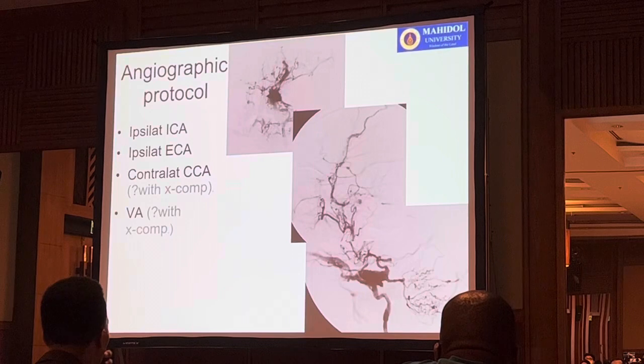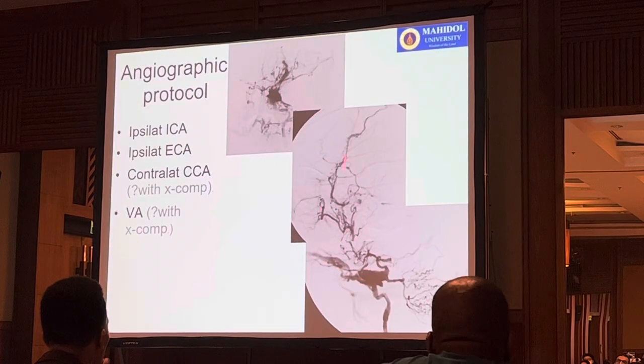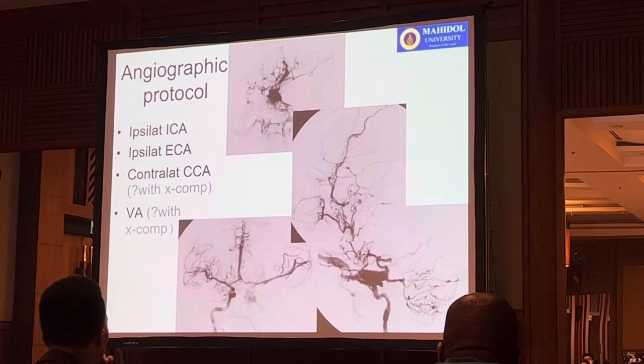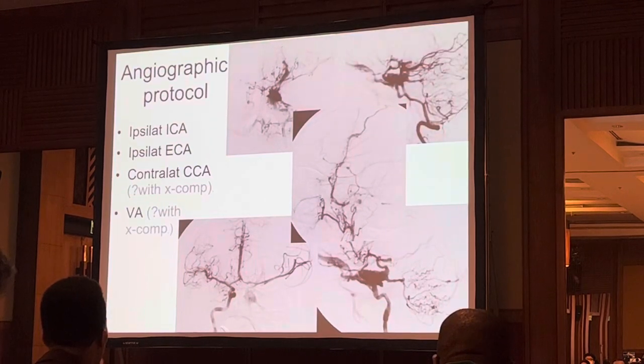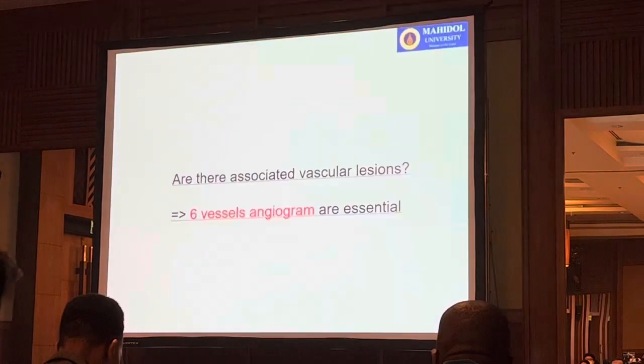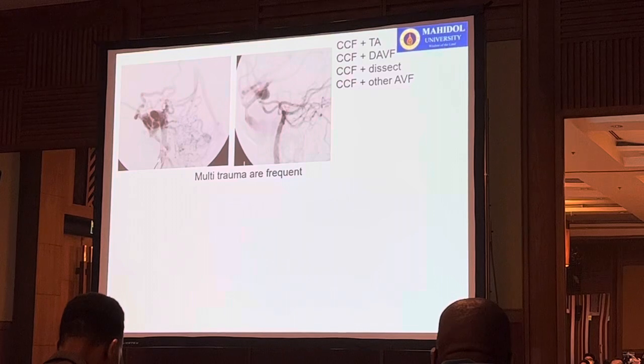That could be enough to see, for example, the associated injury to the ipsilateral external carotid. You have another fistula over there, and this is to see the possibility of being able to check the collateral, and this is to see the fistula and the collateral. So try to perform this successive angiogram if it's possible.